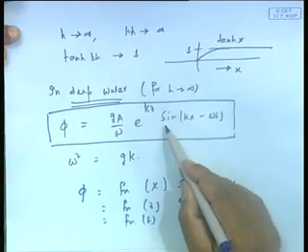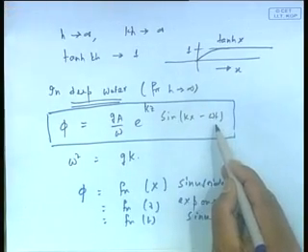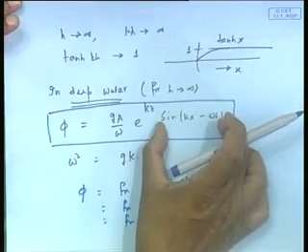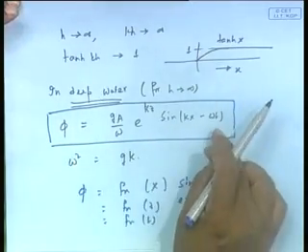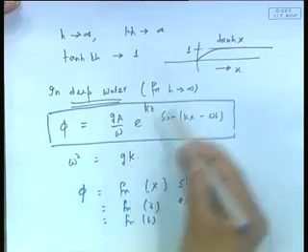Supposing I differentiate it with respect to x, it is sinusoidal. If I differentiate with respect to z, also it is sinusoidal, because this does not get differentiated. If I do it against t, also sinusoidal. But the other thing is that its z dependence is exponential.